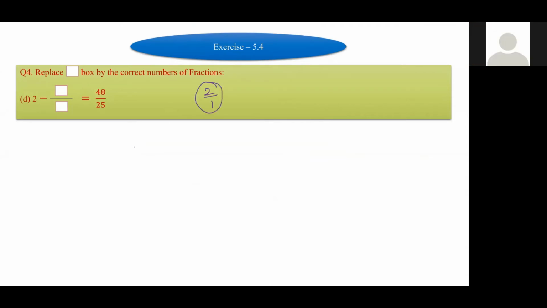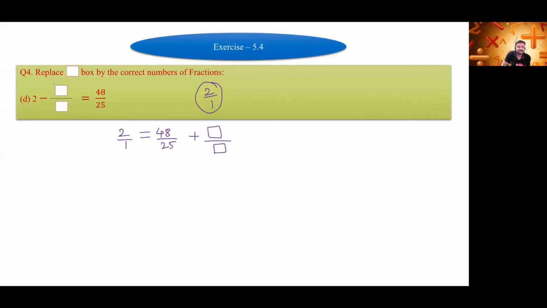So we'll put 2 by 1 aside with 48 by 25. We will shift the boxes first because the sign before the boxes is negative. So we'll shift the boxes to the RHS. Now we will shift this 48 by 25 to this side because we want the value of boxes. So 2 by 1 minus 48 upon 25 is equal to box upon box.